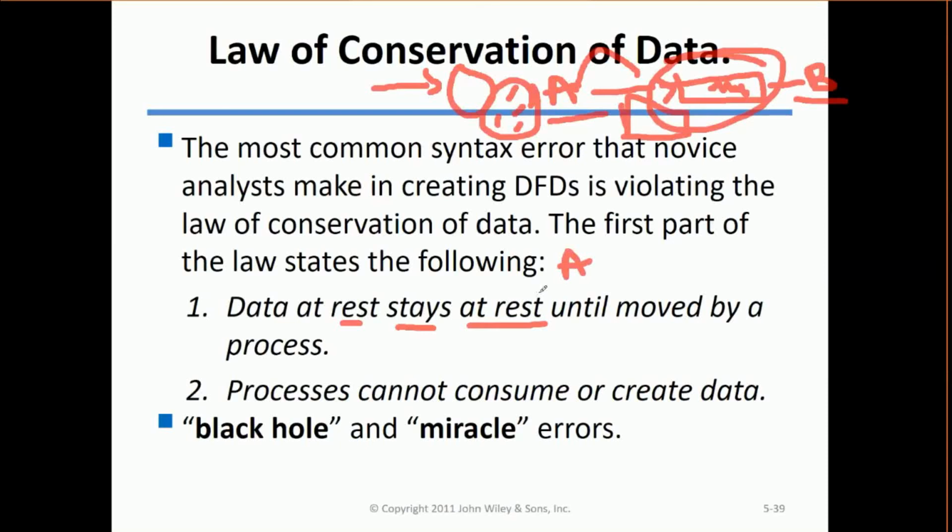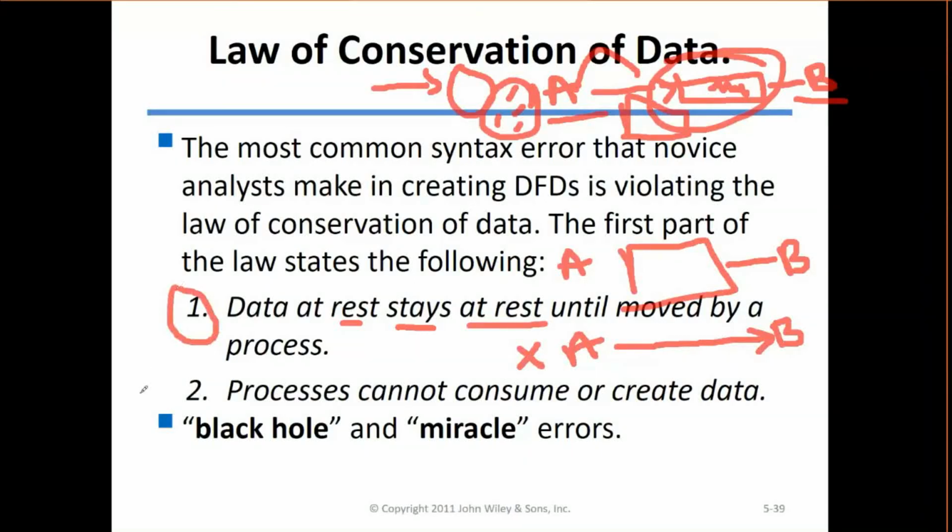Any data, let's suppose A, B, C, X, will only be converted to something else if a process is involved. It is not possible that without a process, data A automatically converts to B. Here no process is involved and A becomes B. This is wrong. The first rule means this.